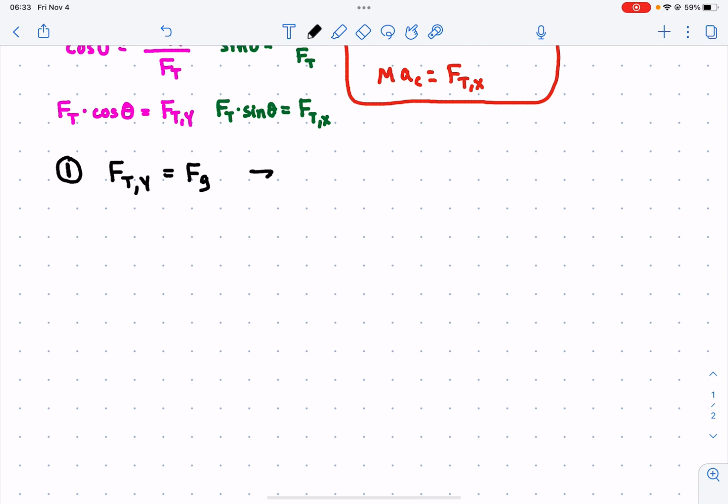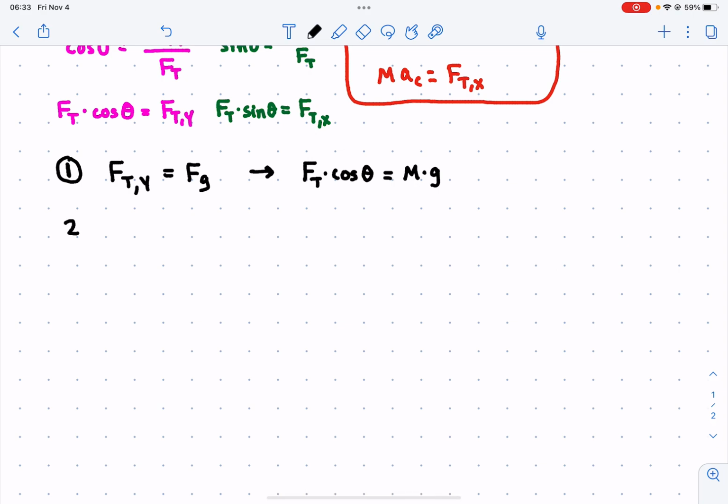But I can go ahead and make some substitutions. So I'm going to write down that F_Ty is actually F_T cosine theta, right? And then F_g is going to equal m times g.